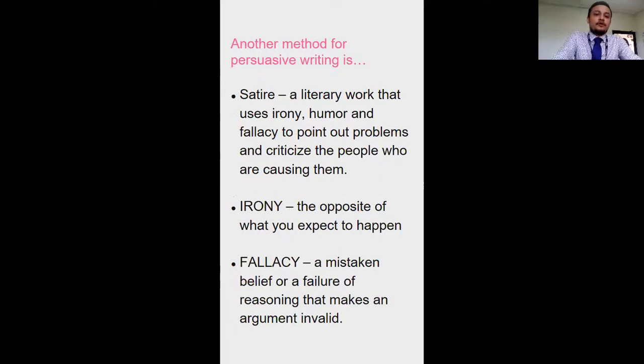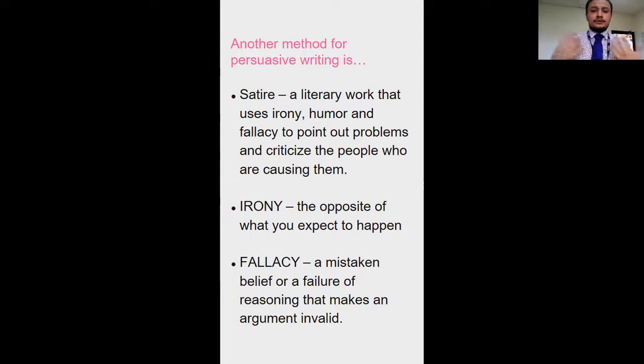Another method for persuasive writing, and this is something that we need to explore, is satire, and it is something that was used by Jonathan Swift. What is satire? It's a literary work that uses irony, humor, and fallacy to point out problems and criticize the people who are causing them. So the three elements that satire uses are irony, humor, and fallacy.